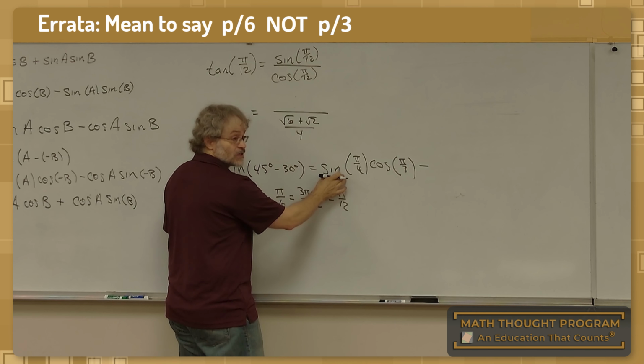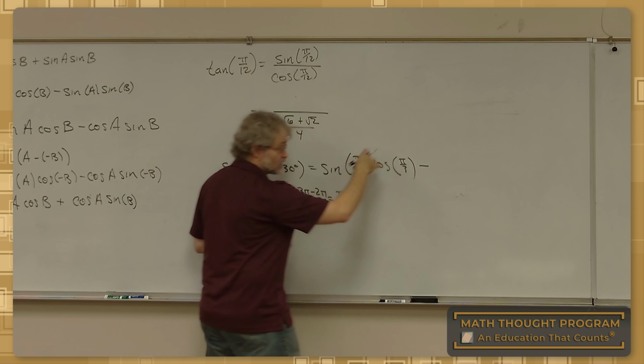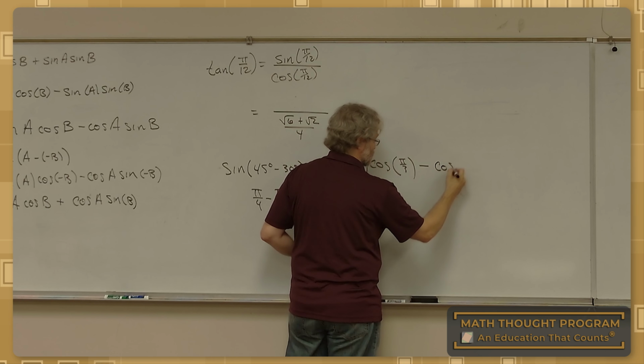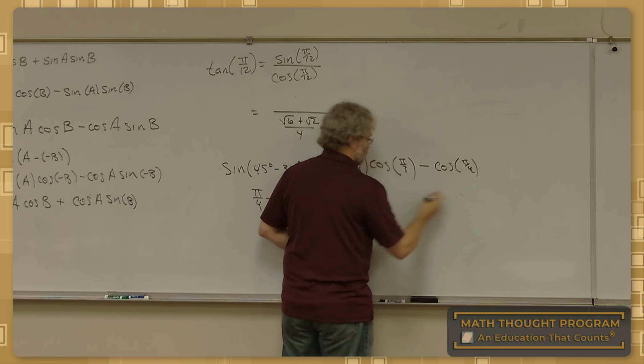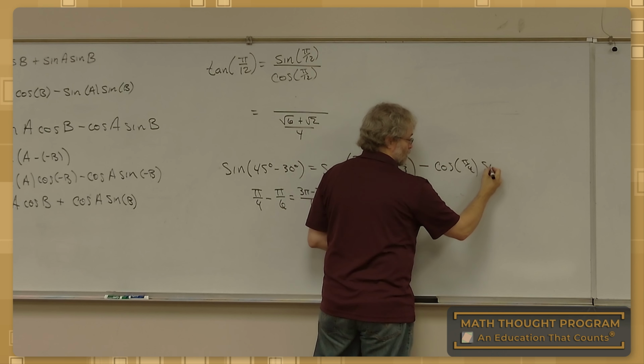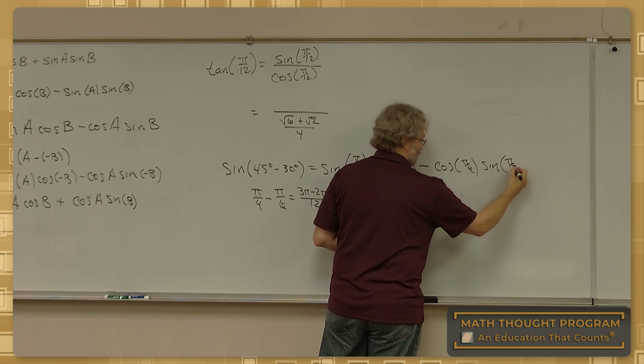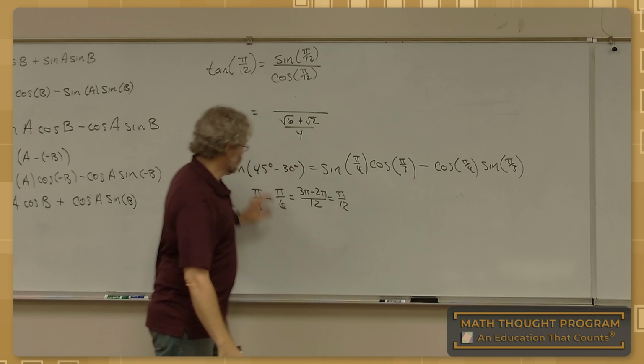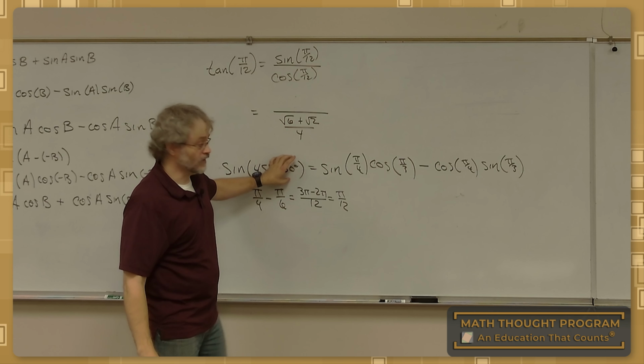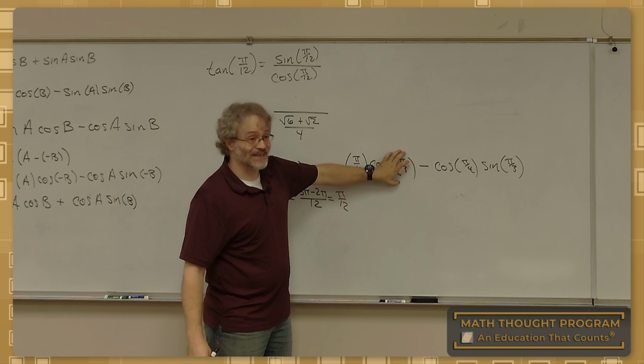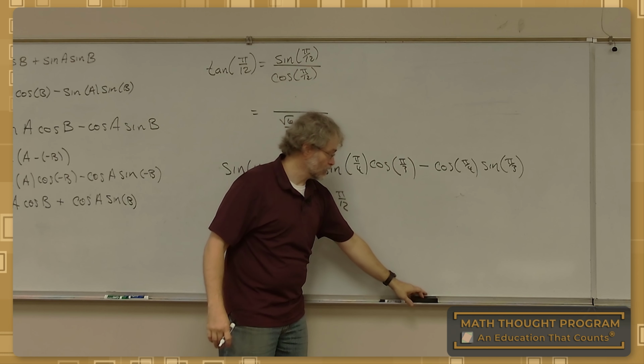And then switch things up. This was sine, so now it's going to be cosine. This was cosine, now it's going to be sine. So the first angle, second angle. First angle, second angle. Pay attention to the orientation.